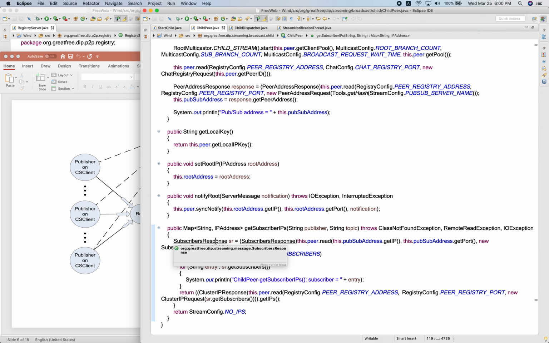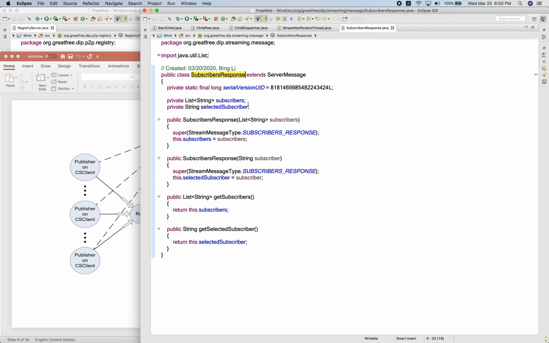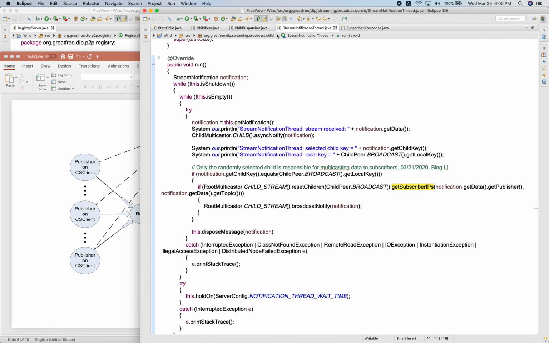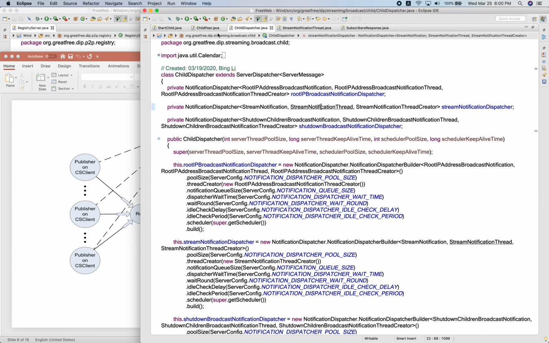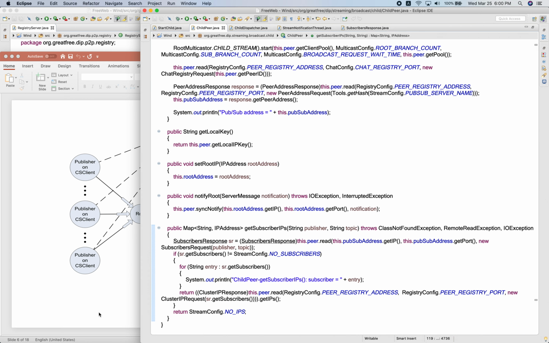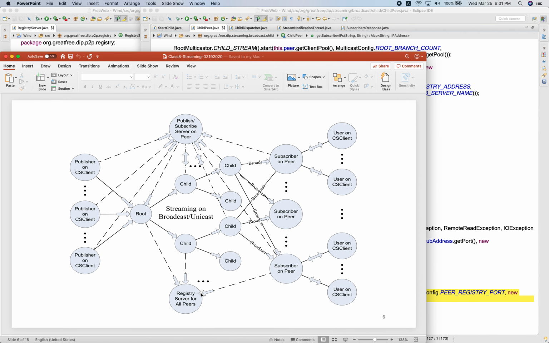The IP address is saved on the registry server, not the pub sub server. So this IP address should be accessed from the registry server.